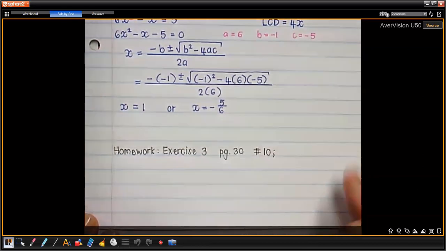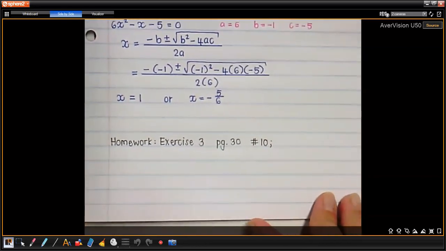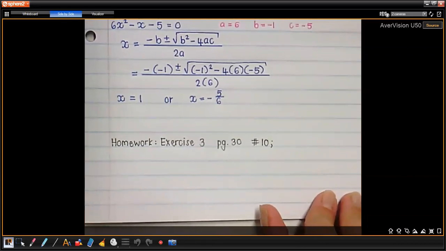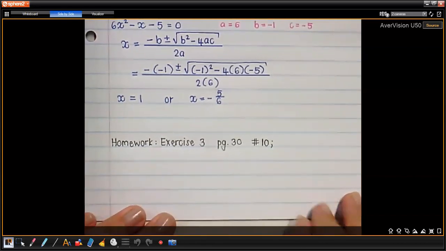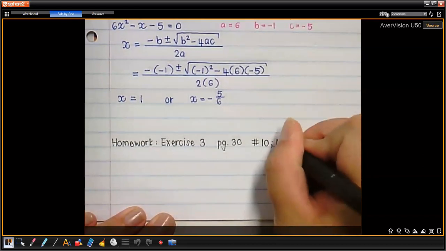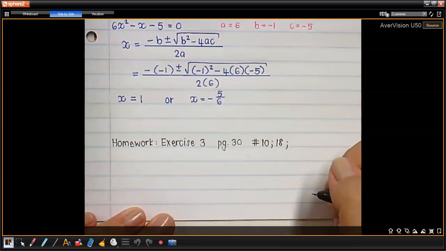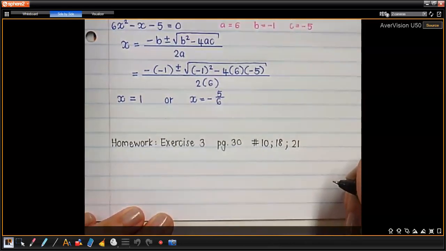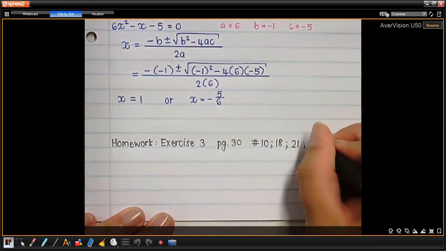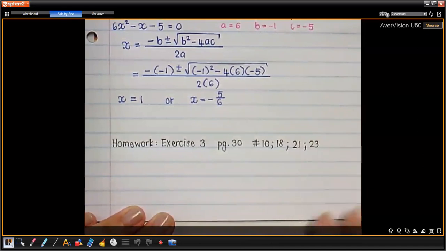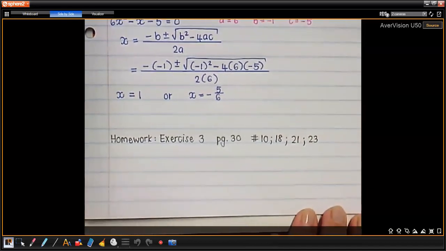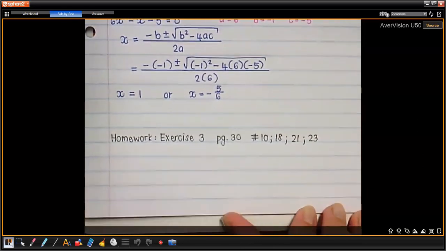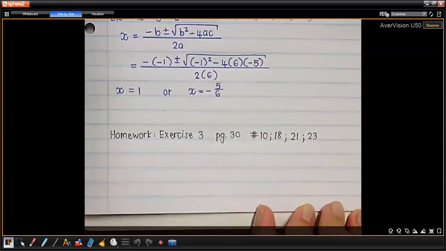Number 10 is just another one like the one we did yesterday where you must multiply out. So number 10 doesn't have any fractions. Then I want you to do 18. Okay, those 4: 9, 10, 18, 21, and 23.